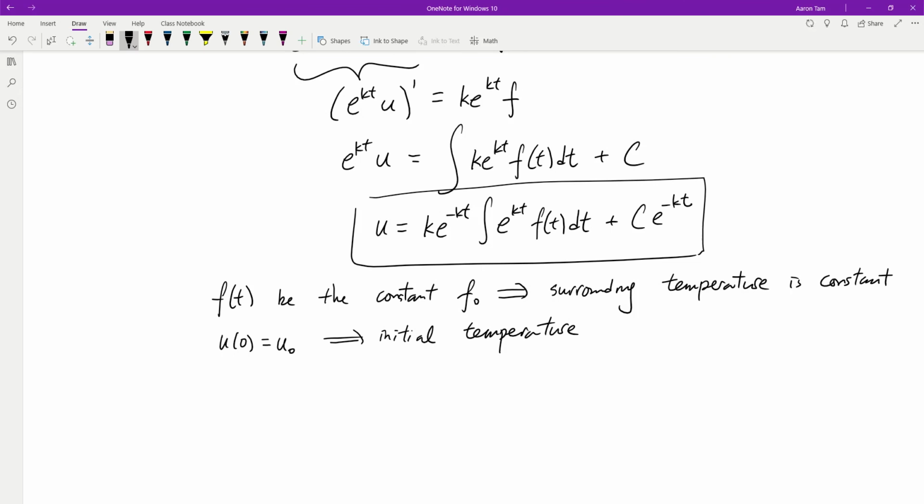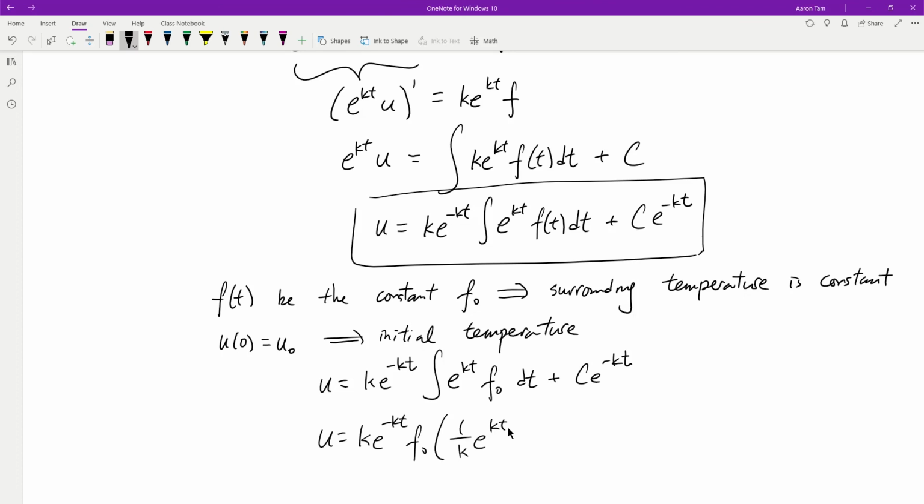And if I assume these two things, what will happen to my equation? Well, that will equal this. So notice that now f sub 0 is no longer a function and can be moved out of the integral, and the integral of e to the kt dt would just equal this. And if you look at this, notice what happened.